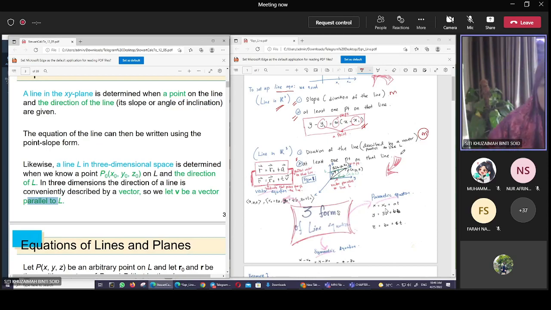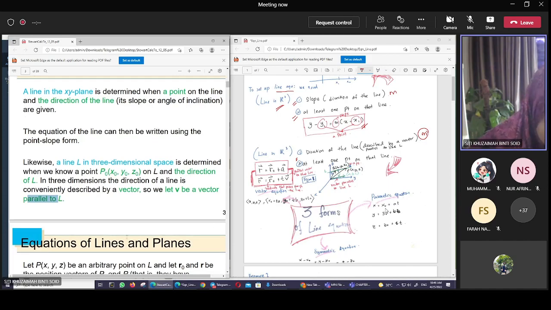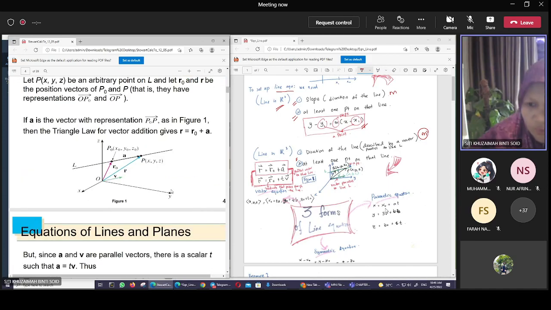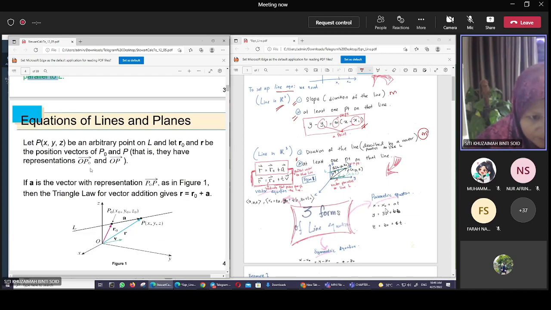If you look at the picture, it is not so clear. Figure 1 says: let P be an arbitrary point, meaning any point, a general point on line L. Let R0 and R be the position vectors of P0 and P.